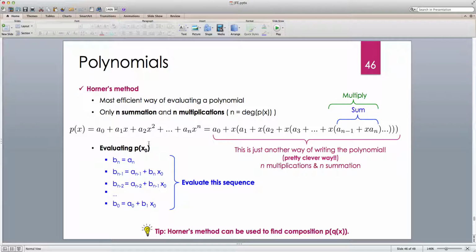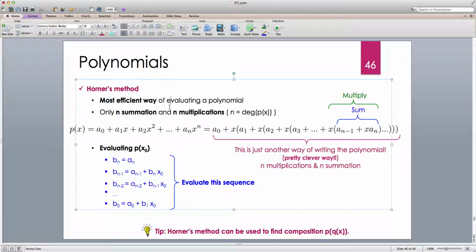So just evaluating the polynomial in its conventional form has an order of calculation of n squared, but there is a method called Horner's method, and it's basically the most efficient way of evaluating a polynomial.